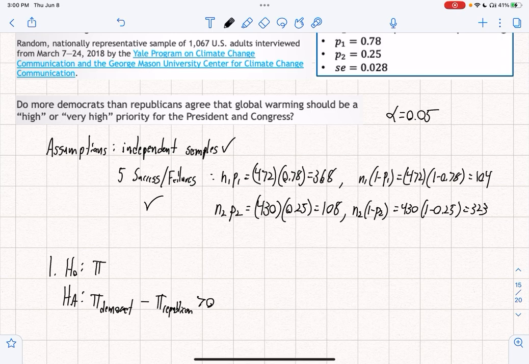And so the null is pi Democrat minus pi Republican is less than or equal to 0. So let's note that this is one tail.